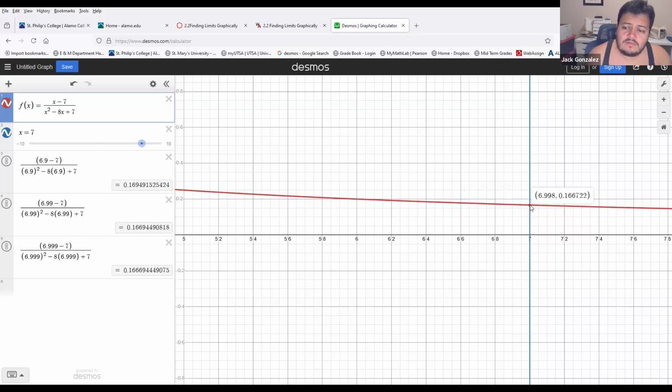It's technically undefined at the actual point. So it's undefined there, but the limit exists, meaning what are the values approaching from the left and right? And then once you see it approaching something, that is the limit visually.